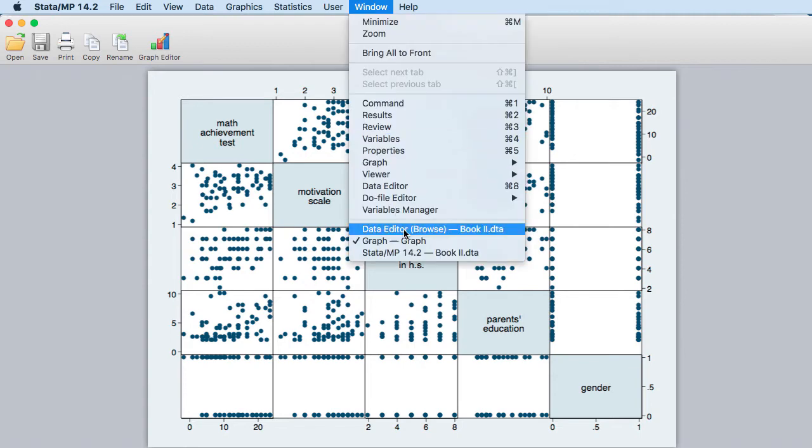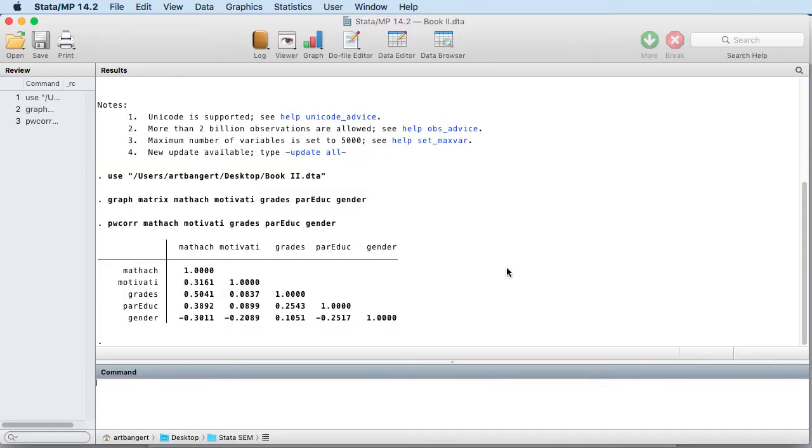If I go to the Stata output window, we can see what the relationships are like. The correlation between motivation and math achievement is 0.316. Between grades in high school and math achievement is 0.504. Parents' education and math achievement is 0.389. And gender and math achievement is minus 0.30.